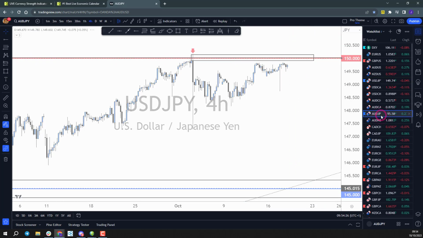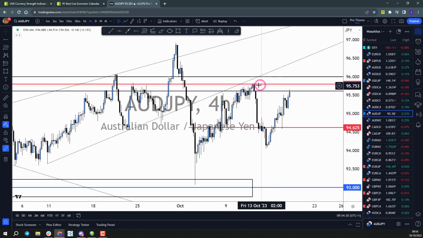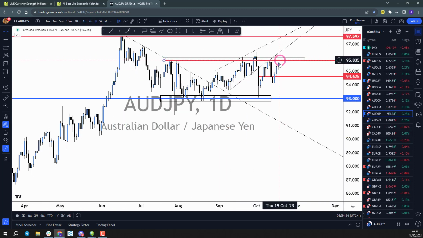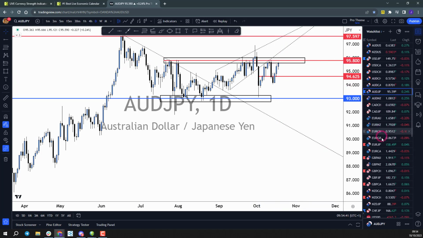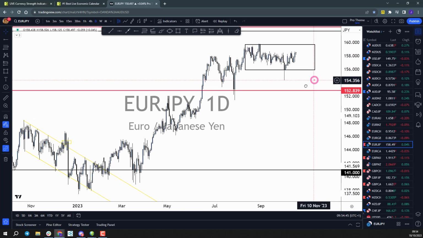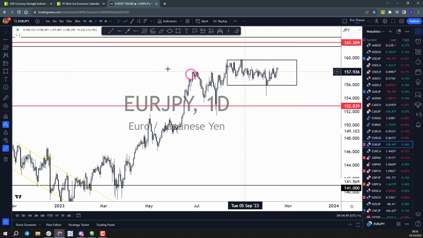So if I go check out Aussie yen, for instance, we're close to 150, but we're also close to this 98.50 high. If we go to the daily chart here, you can see 195.80 high. So am I going to get long into resistance? No. If I go to euro yen, we are in a range at the moment, and price is just ranging between sort of 156 and 159.60.